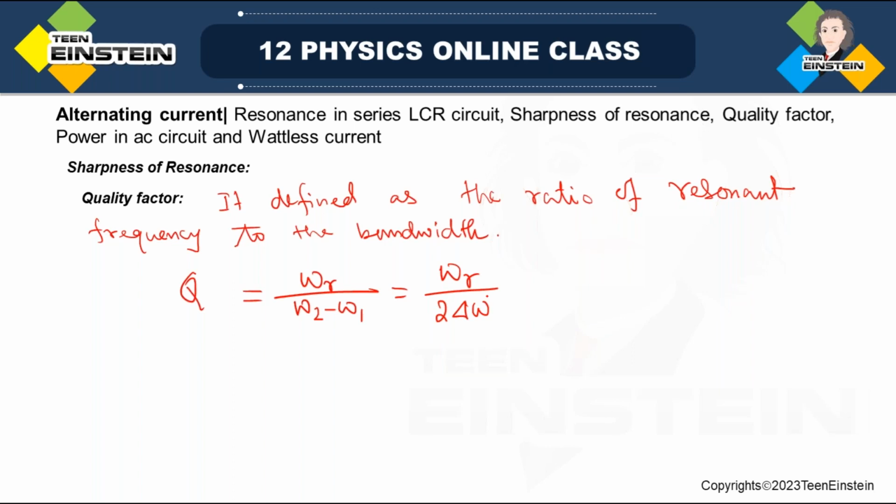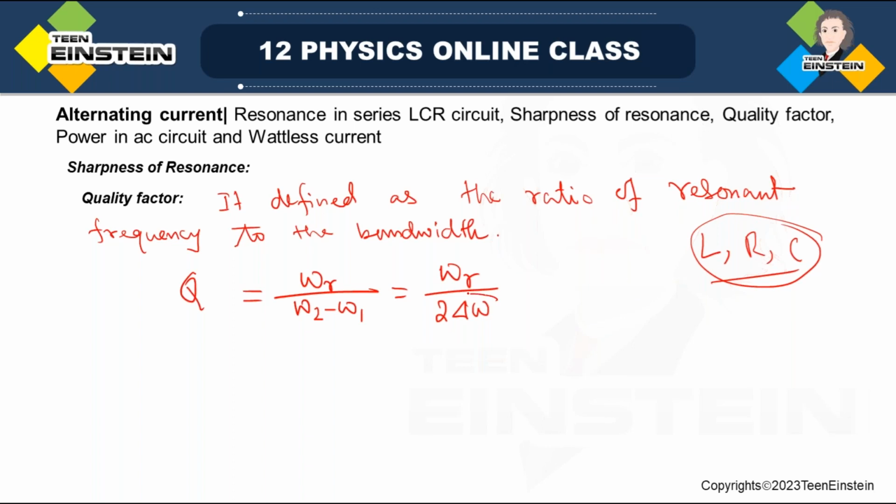This is the quality factor, denoted by Q. Now we can do a lot of numericals, and we can have this relation in terms of the components L, R and C.